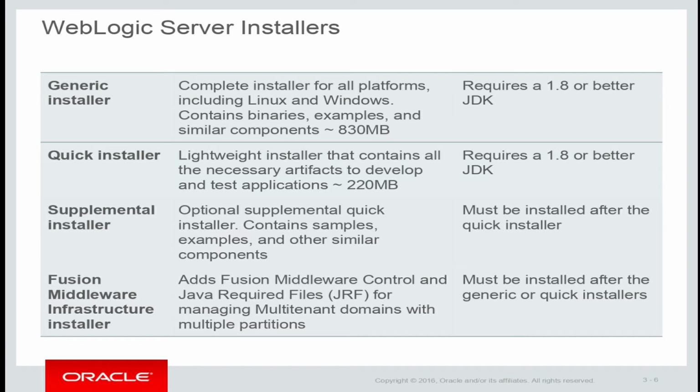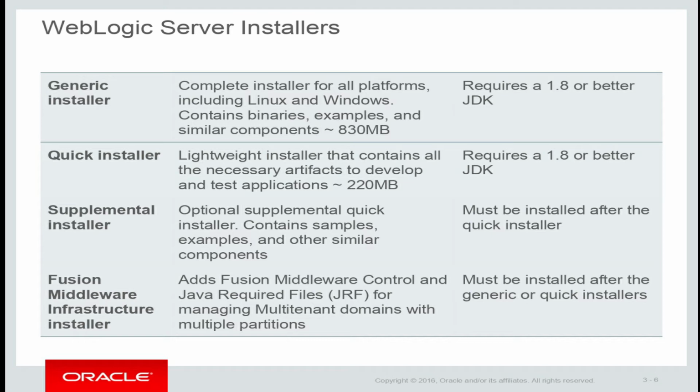Okay, so now the WebLogic Server installers. There are various flavors of the software, like the Enterprise Edition and Standard Edition. Like Windows, we have a variety of editions, like Professional and Home. Every software comes with a variety of flavors or editions.